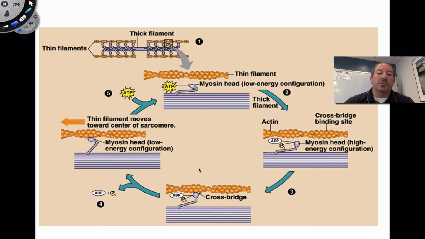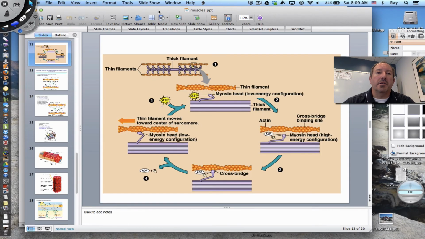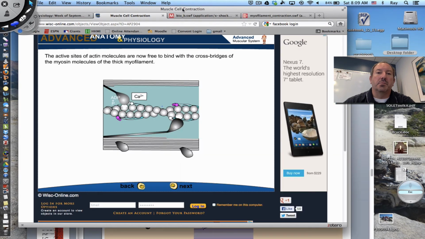And as it pulls it inward, that movement in is going to dislodge the phosphate. So as it grabs a hold of the actin and pulls it, the phosphate falls off and then it requires another phosphate to attach in order to disengage it. And so I understand that that's a little tricky to understand. So let's take a look at this concept a little bit more closely.